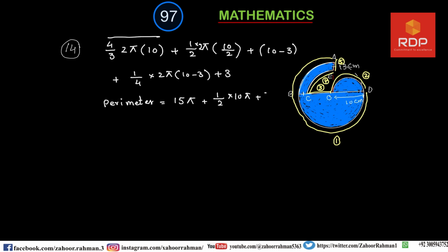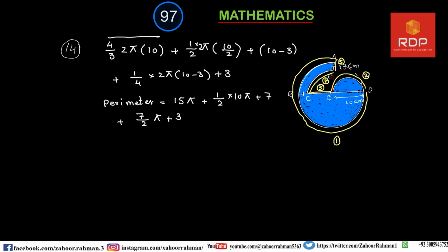Then we will have 7, and then at the next stage we are having 1 over 4 into 2 pi into 7, so it will be equal to 7 over 2 into pi, and then at the end we are having that 3.